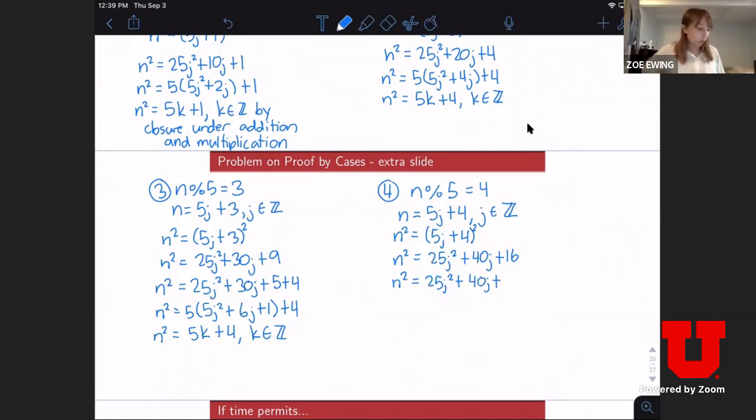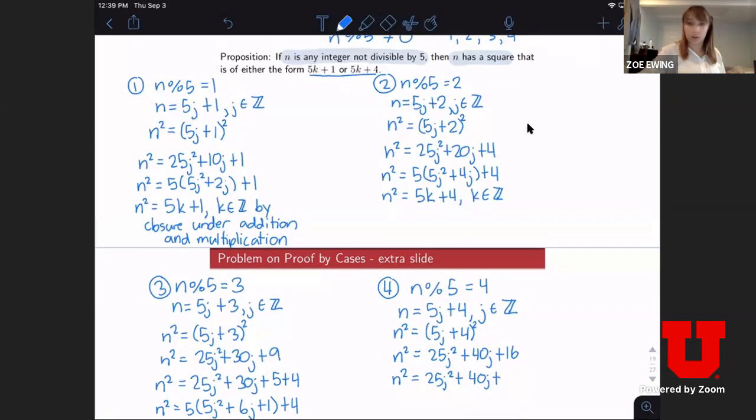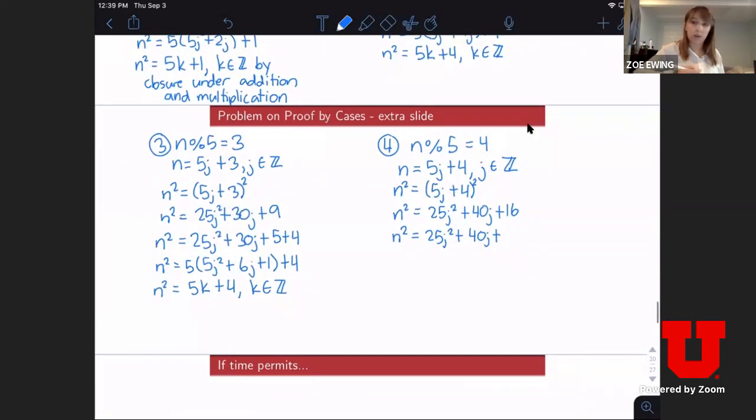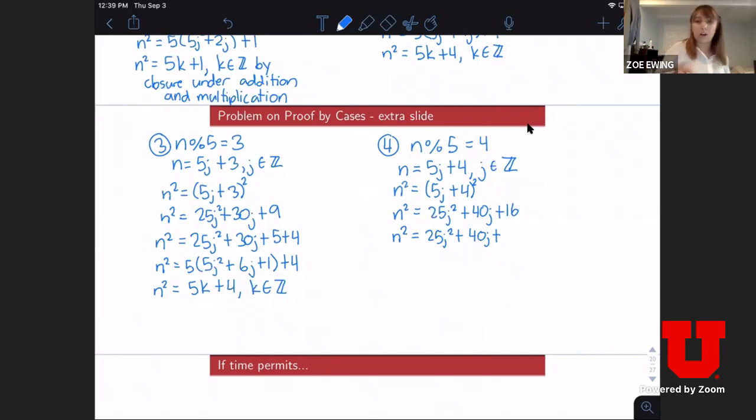So what we're looking for right now is for it to be 5k plus 1 or 5k plus 4. So we want to have either a 1 or a 4. Oh, I was saying plus 3 in the factoring out, and then it'd be a plus 1 outside of the parentheses, if that makes sense. Gotcha. Okay. Just a little ahead of the game.